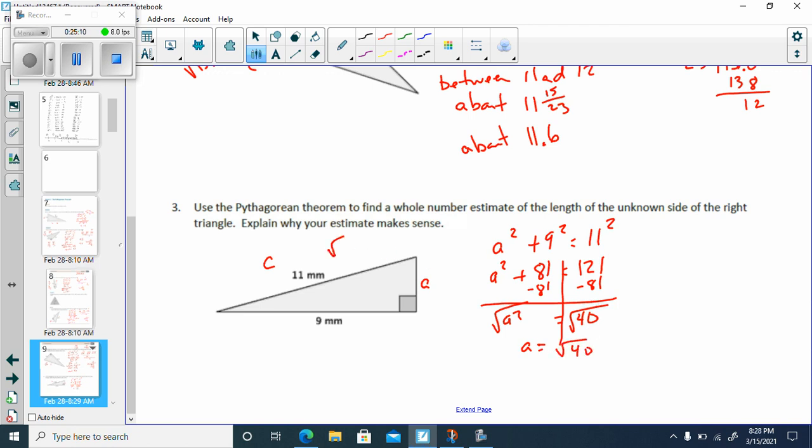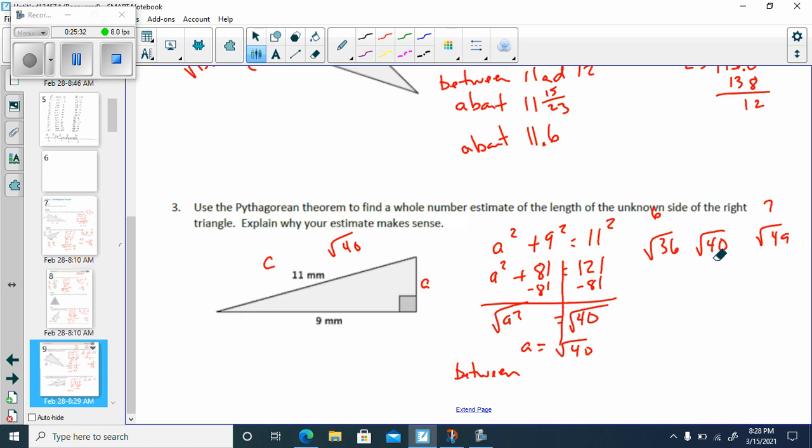But we need a more reasonable estimate of that, something that looks more like an integer, right? So let's figure out what two numbers it would be between. Well, let's see, the square root of 36 is 6, and 7 would be the square root of 49.